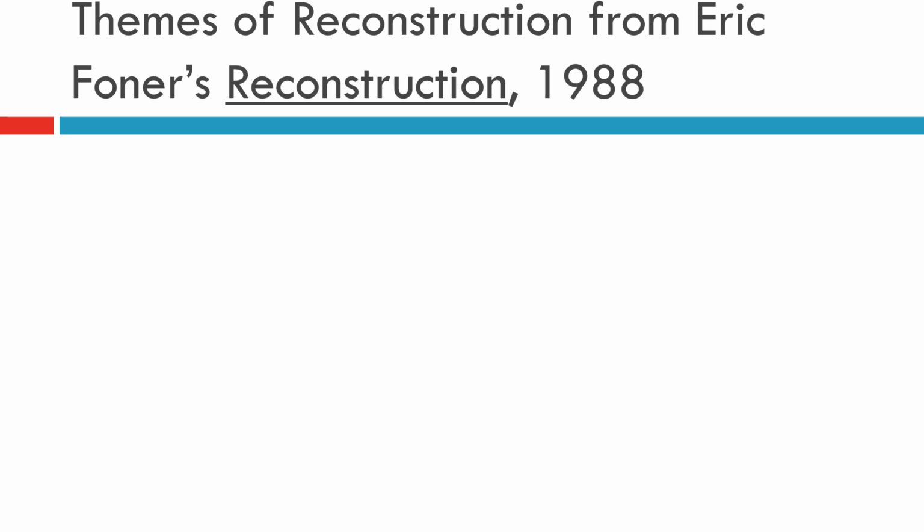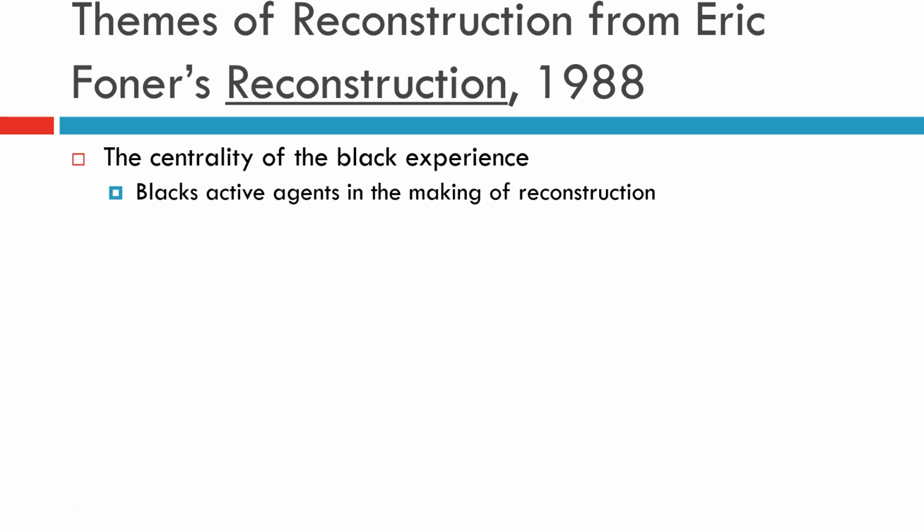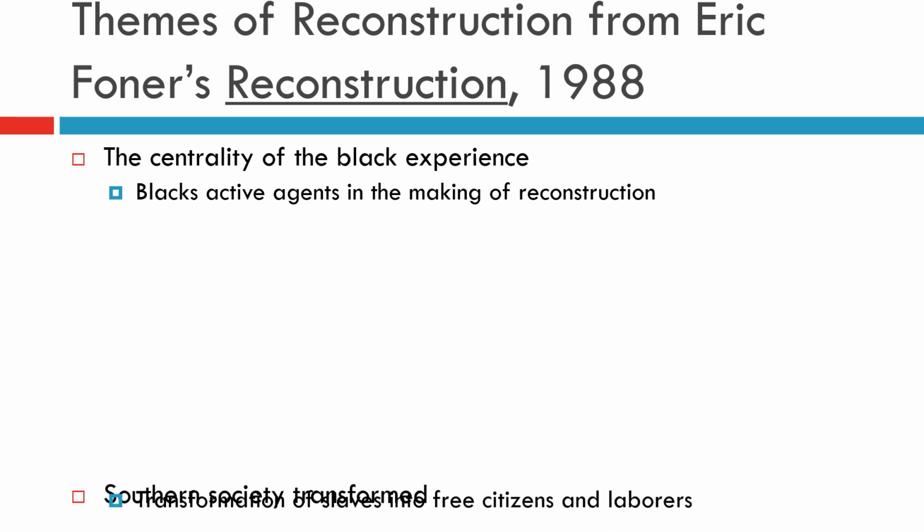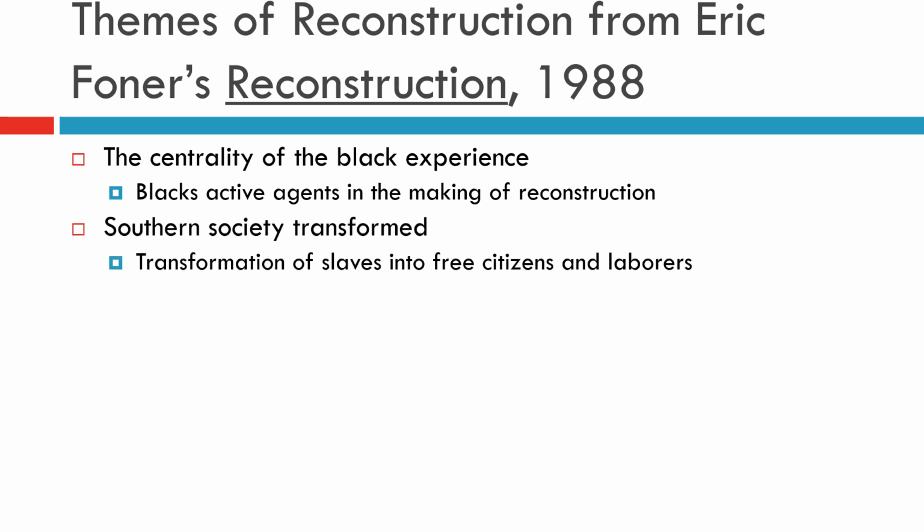Now, in 1988, historian Eric Foner wrote this book titled Reconstruction, and it's considered to be the source to go to for a general look at Reconstruction. It's very in-depth, as you can imagine. Here are 4 themes that he outlines in his introduction that are sort of the basis of the book. Number 1, he says that African Americans were very involved in the process of Reconstruction and the reshaping of the country. Number 2, Southern society is radically transformed.